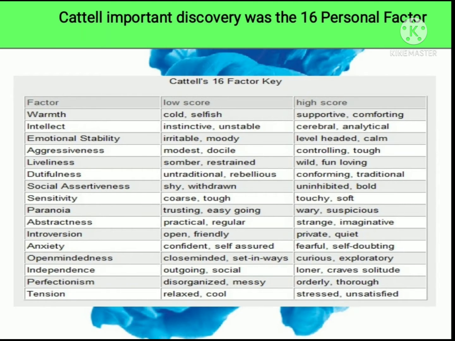For example, if you scored high in warmth, you would be considered a cold or selfish person. But if you scored in a low range, you would be considered a supportive or comforting person.